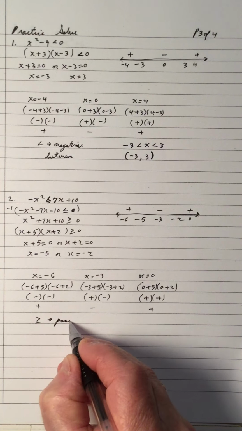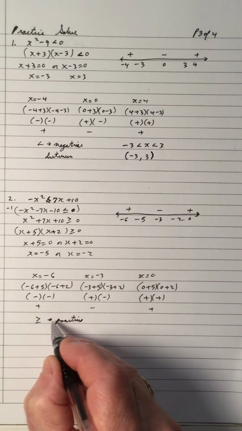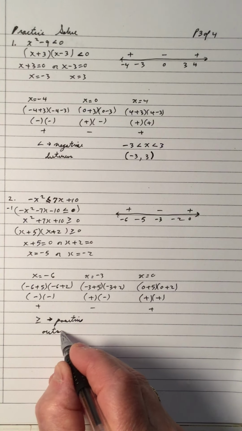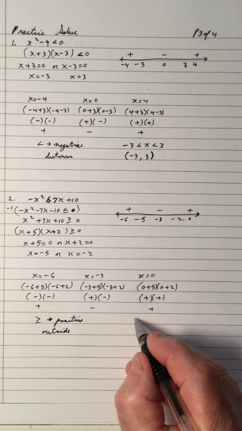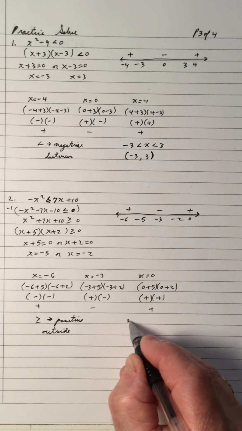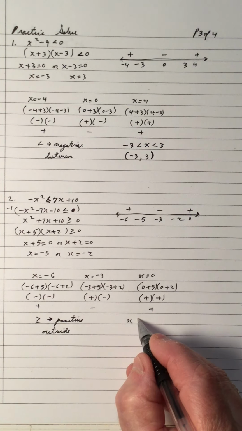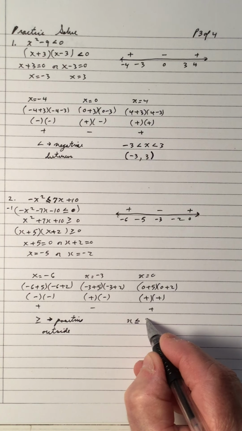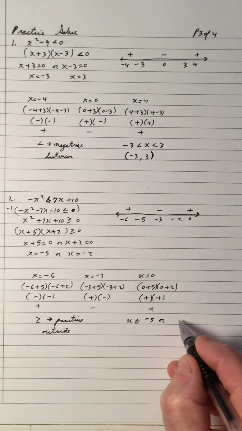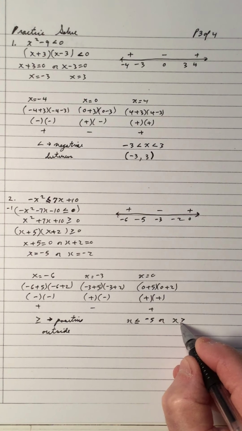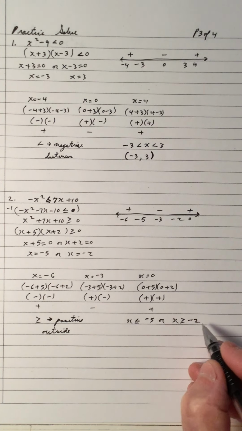Greater than or equal to is the positive, and positive is on the outsides. And so that means I have x is less than or equal to negative 5, or x is greater than or equal to negative 2.